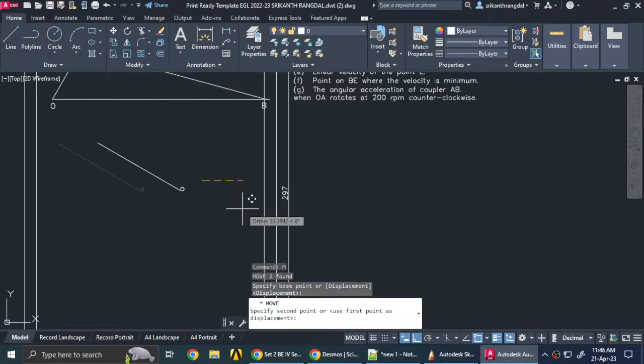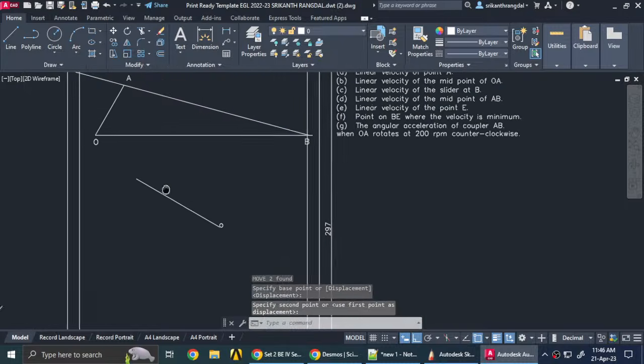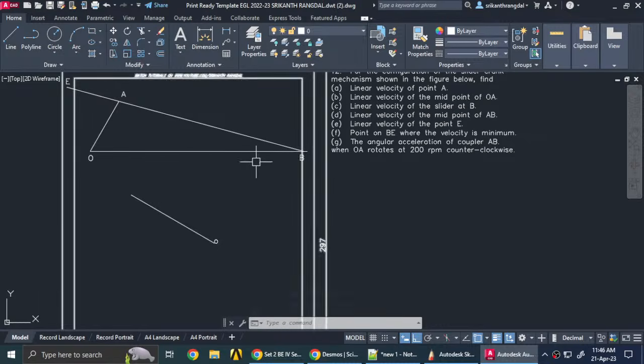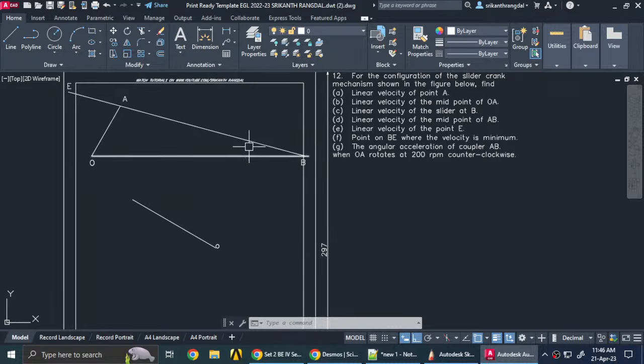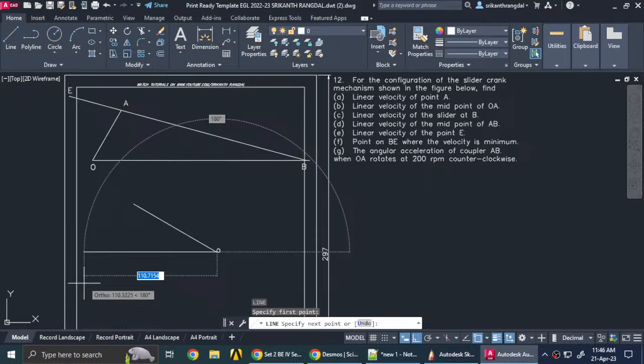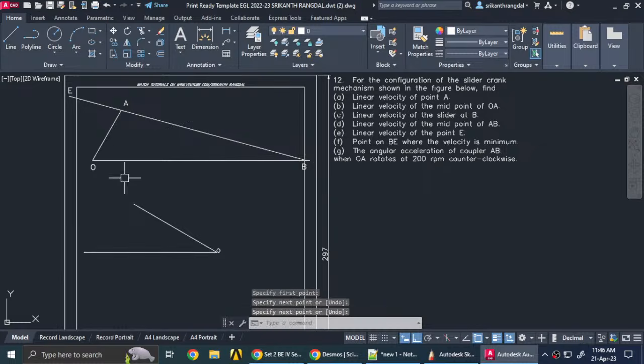We have to draw it at a convenient distance over here, so that we can get the other two lines. Because the velocity of B is going to be horizontal, we draw a horizontal line over here, since B is moving in the horizontal direction with respect to the fixed point. Then the velocity of A with respect to B, or B with respect to A, will be perpendicular to this line.